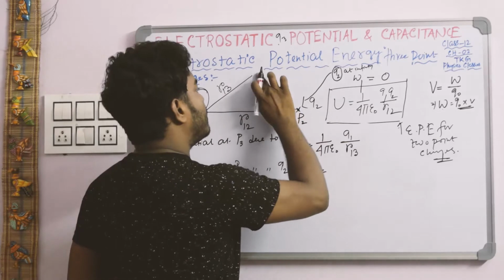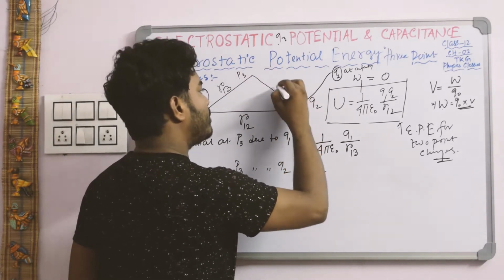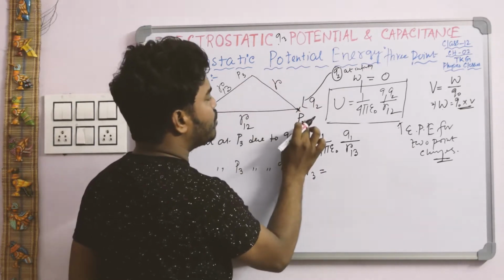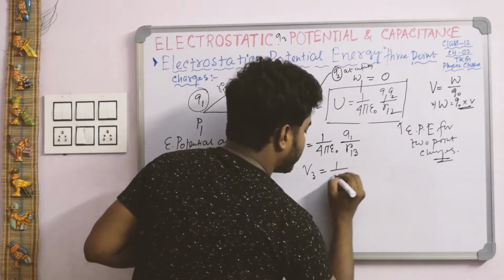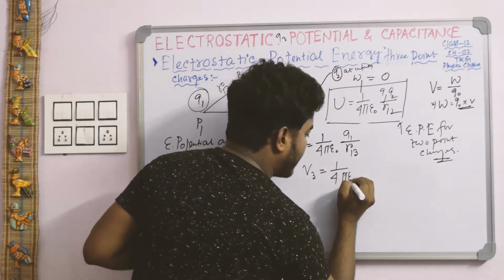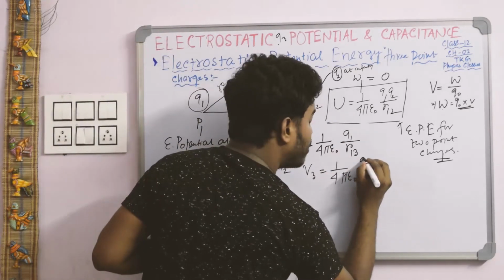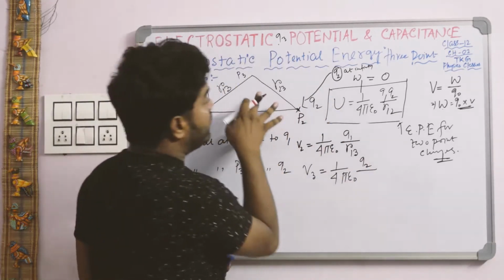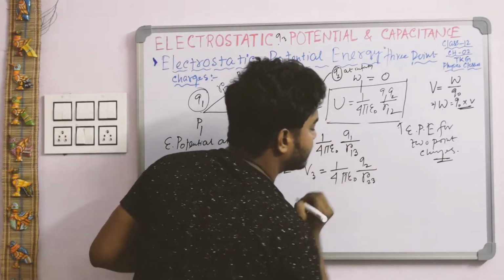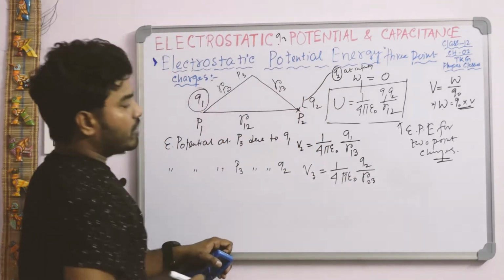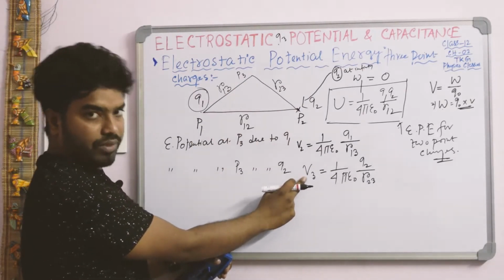This separation is R23, and the expression will be the same: 1 by 4 pi epsilon naught, the amount of charge here is Q2, not Q1, divided by this separation R23. Clear? So the total potential at point P3 is V2 plus V3.